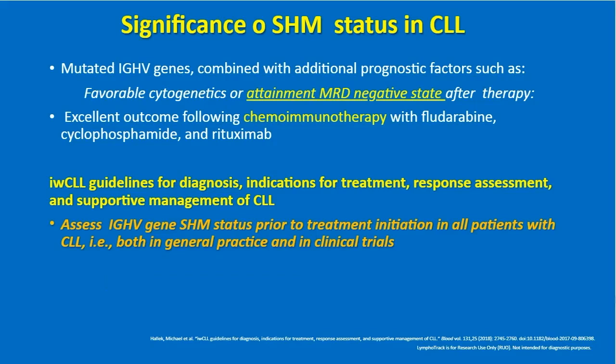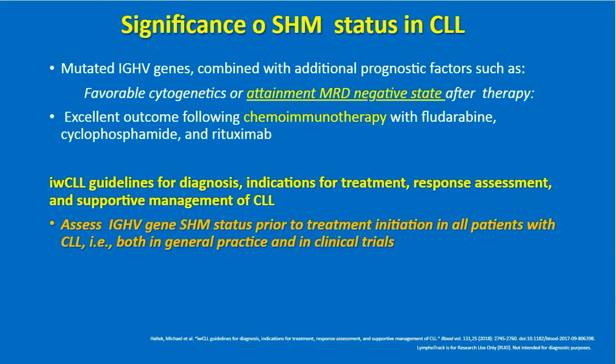So again, as you see, the significance of SHM mutated status together with additional prognostic factors like favorable cytogenetics or achievement of a minimal residual disease negative state after therapy, gives excellent outcomes following chemoimmunotherapy with the CTR treatment options.